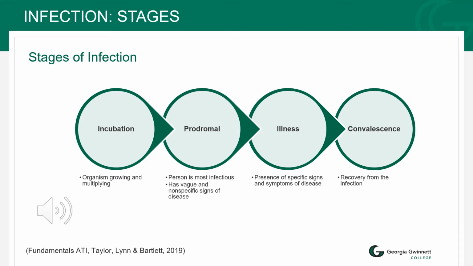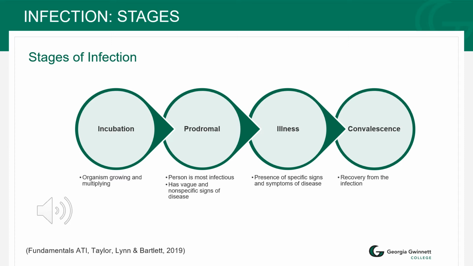The prodromal stage is the time period where there's onset of general symptoms, but the symptoms are very vague. So somebody might come into the office complaining about just feeling bad, feeling tired, fatigued, and they may have a low-grade fever, and they're in this prodromal stage.